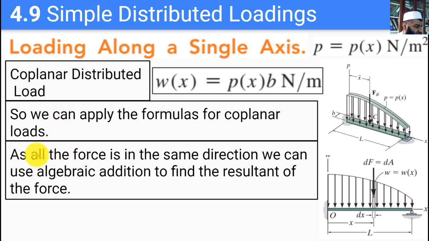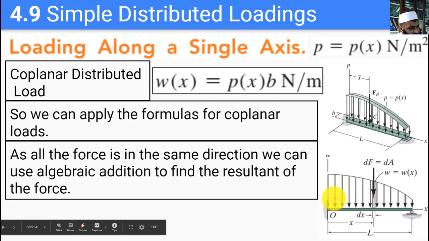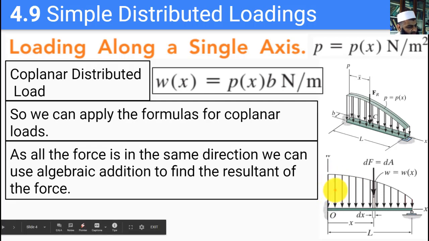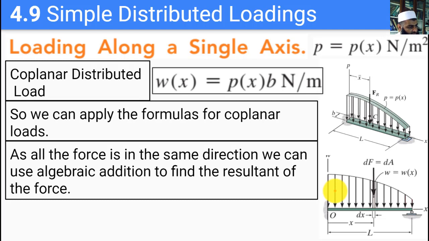As all the forces are in the same direction, we can use algebraic addition to find the resultant force. For the analysis of simple distributed loadings, we do not have to worry about the vector form of the force, because the force is along only one axis. So we can just sum up the forces as scalars.